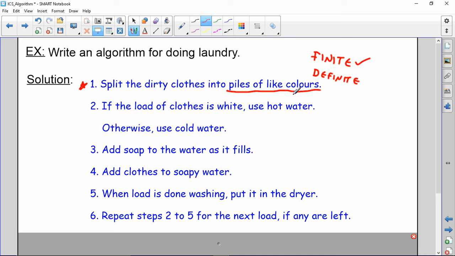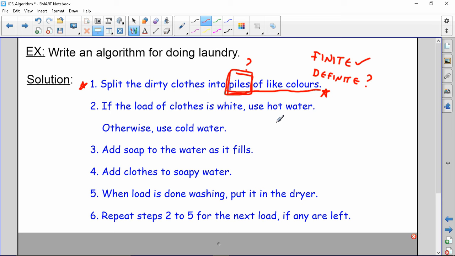Probably like whites and darks, and then other colors, maybe 3. And this should probably be expanded to say approximately light colors, and how big is the pile, right? These are things that, if you've never done laundry, are not definite. Don't know. So probably we could clean this up.